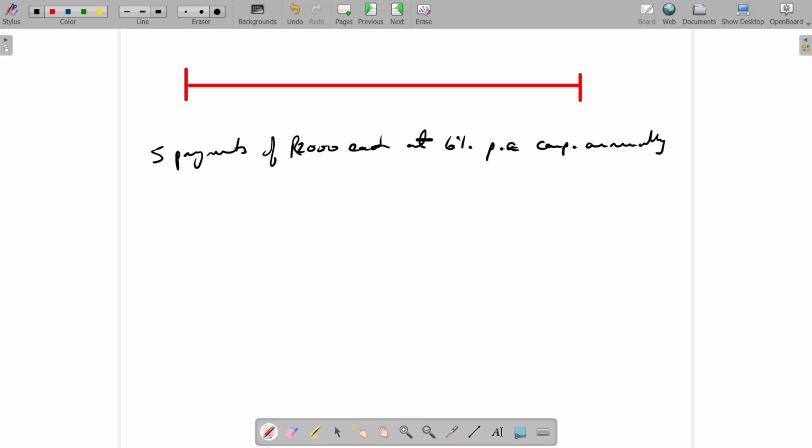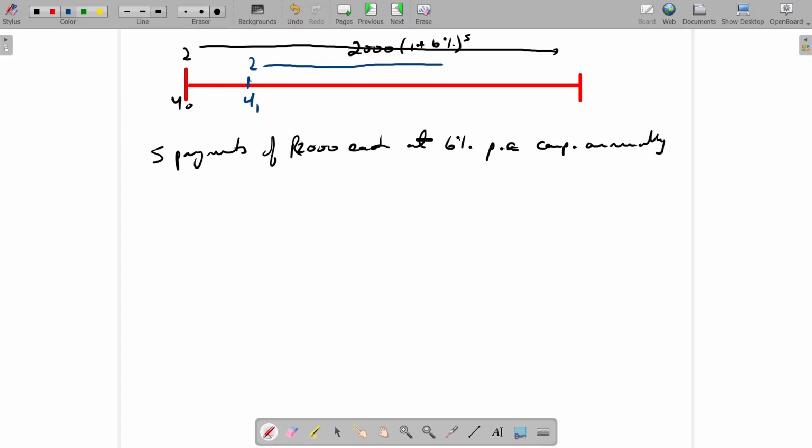Okay, so he puts in an amount of 2,000 Rand. Okay, and this 2,000 Rand will get 5 years worth of interest. So this here would be 2,000 Rand times 1 plus 6% to the power of 5. However, after a year, so that would be at year 0, the initial payment. After a year, okay, I put in another 2,000 Rand.